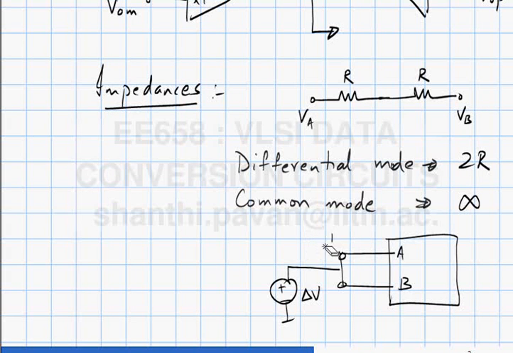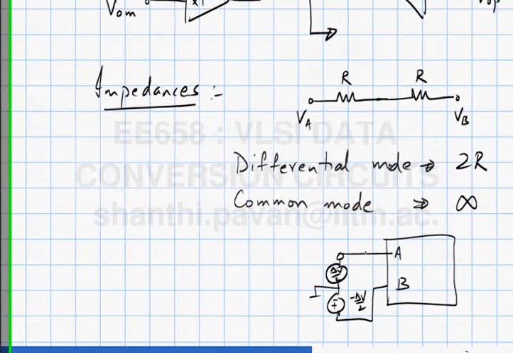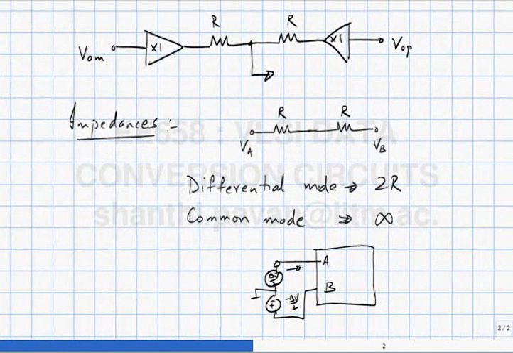On the other hand, if I want to measure the differential mode input impedance, what I will do is connect delta V by 2 and minus delta V by 2, and measure the current that flows in and do the V by R.